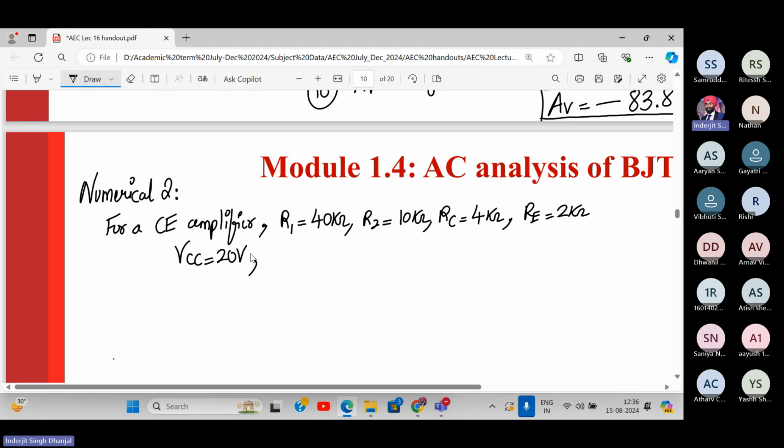Then beta is 100. Find voltage gain AV. That's it. Okay.